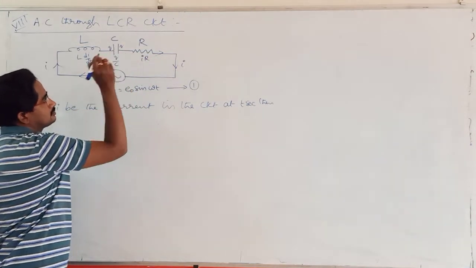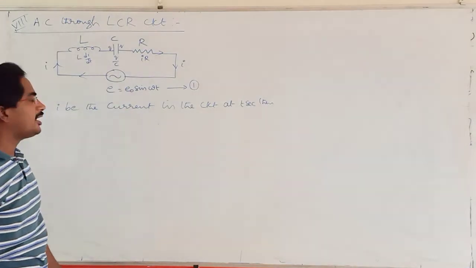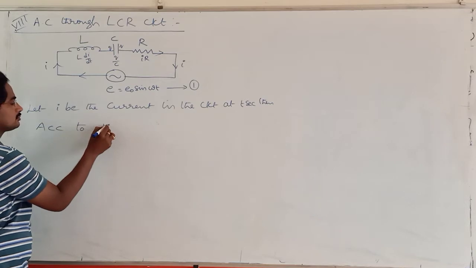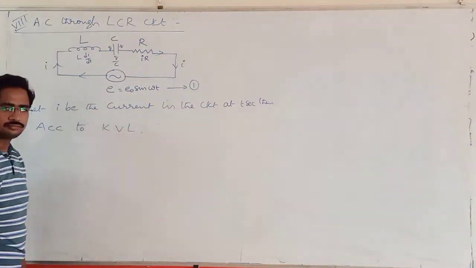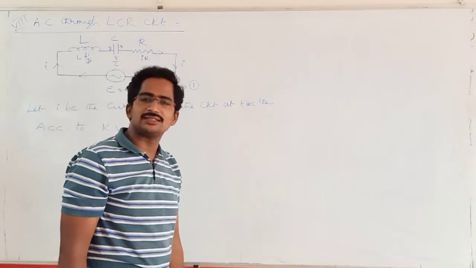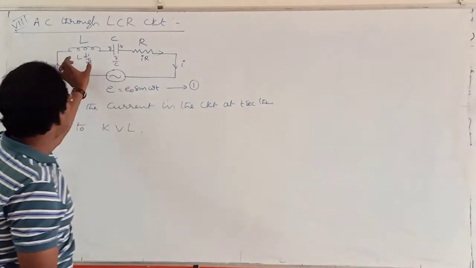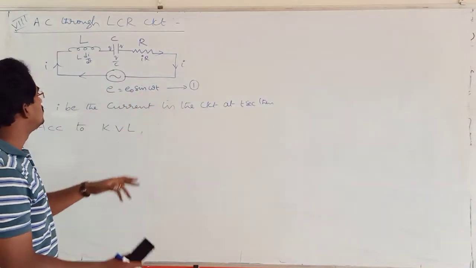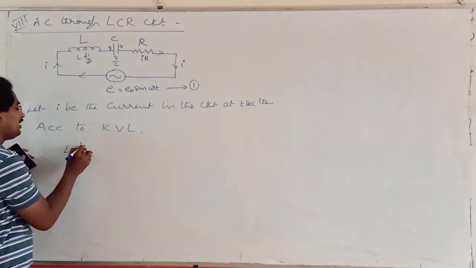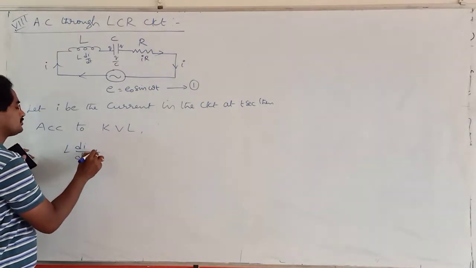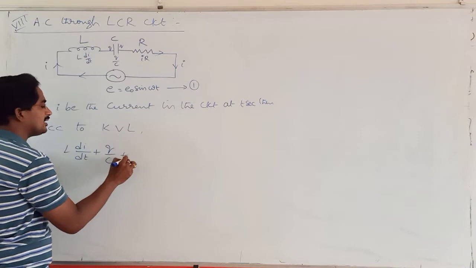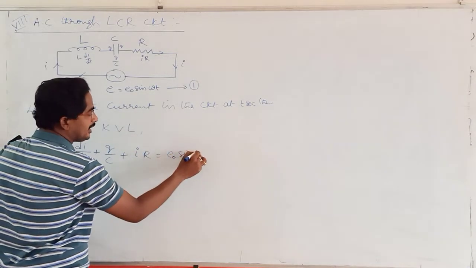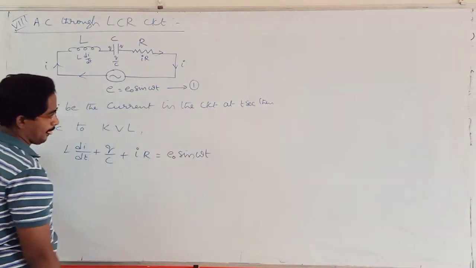According to Kirchhoff's voltage law, the sum of these three potential differences is equal to EMF. So L into di by dt plus Q by C plus IR equal to E naught sin omega t.